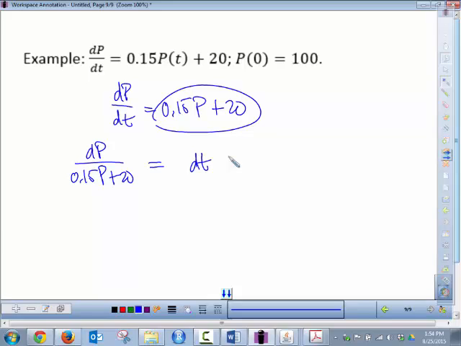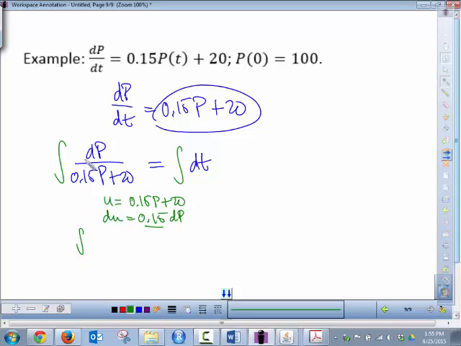Okay? So now I want to integrate both sides, and I probably need to use some sort of u substitution, unless you know that if you mentally use a u substitution, you'll have a factor of 1 over 0.15. But in case that might slip, I'm going to do it carefully. I would want to let u equal the whole denominator, 0.15 P plus 20, so du is equal to 0.15 dP, and this becomes a 1 over 0.15 when I replace that whole thing.